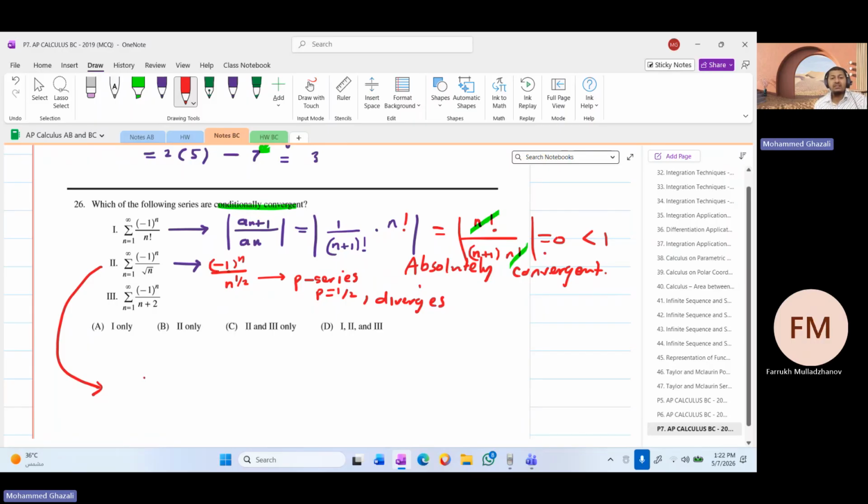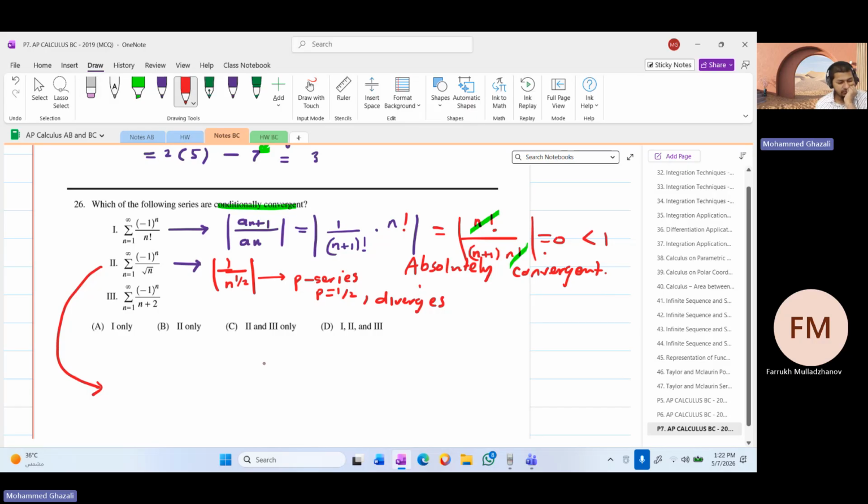We took the absolute of an, so it's basically 1 over root n. This part is a P series, and it diverges because P lies between 0 and 1. P equals half, it diverges.